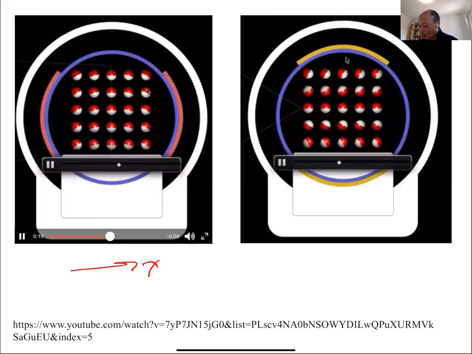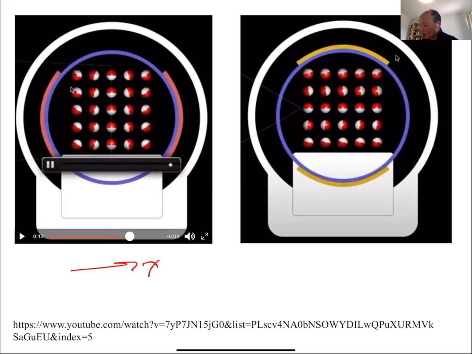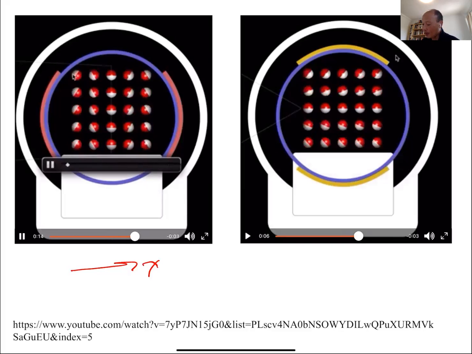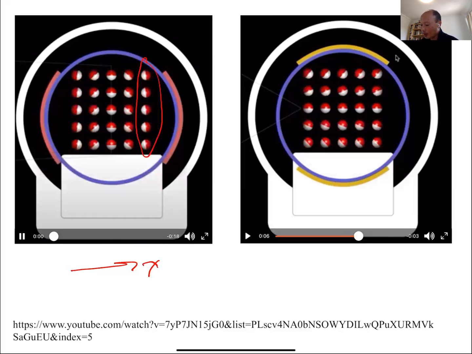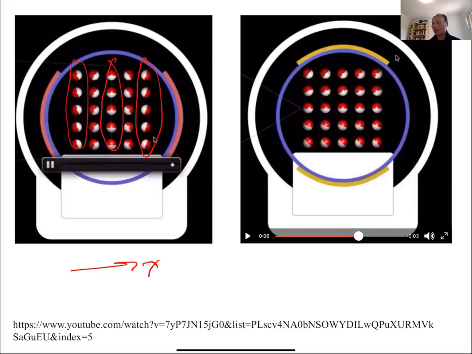Okay. So I think what it's showing is, what you're seeing here is that the spins here are precessing more quickly than these spins here. These are at the isocenter, so they don't have any additional spin. And these spins here are precessing more slowly. Everything here is in the rotating frame.